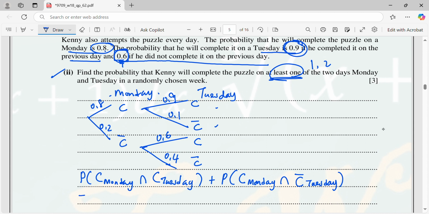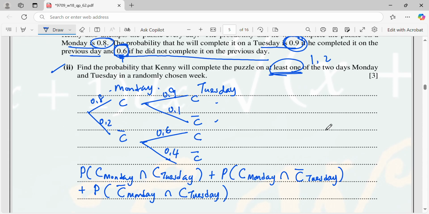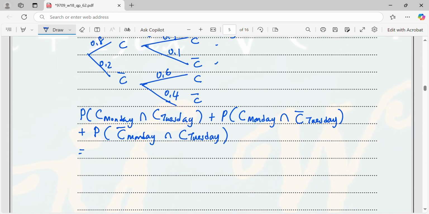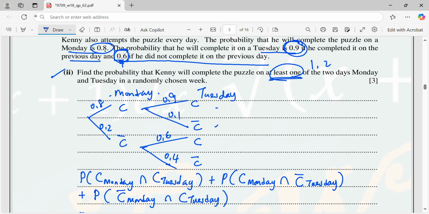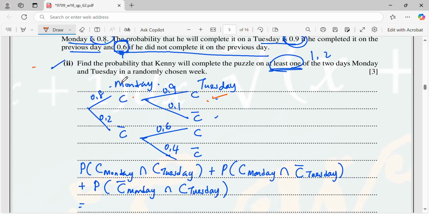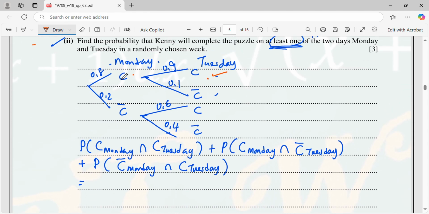Or probably he did not complete on Monday, but then he completes on Tuesday. So here we are considering at least 1 day. So when you consider the first one, that is basically both C and C, you multiply 0.8 times 0.9 according to the tree diagram.